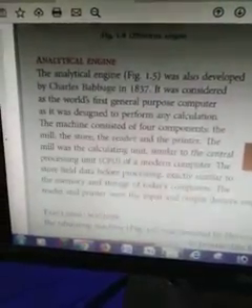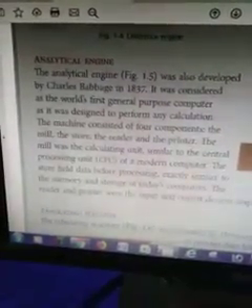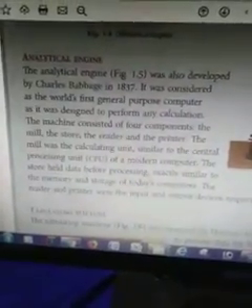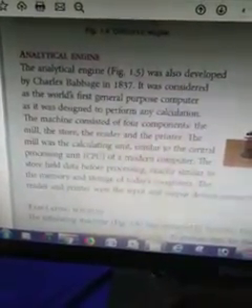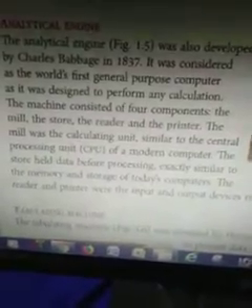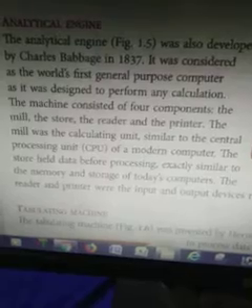Analytical engine. The analytical engine was also developed by Mr. Charles Babbage in 1837. It is a type of working model. It was not a machine, but only a model.